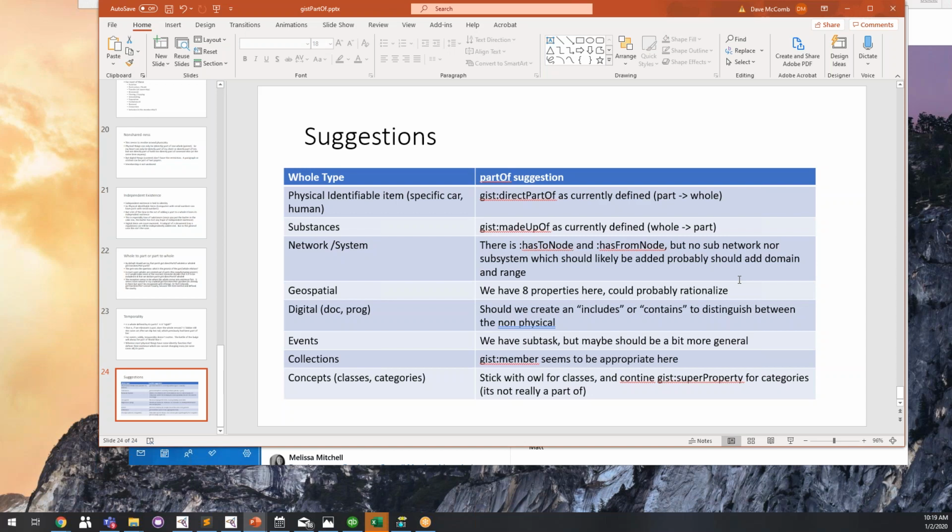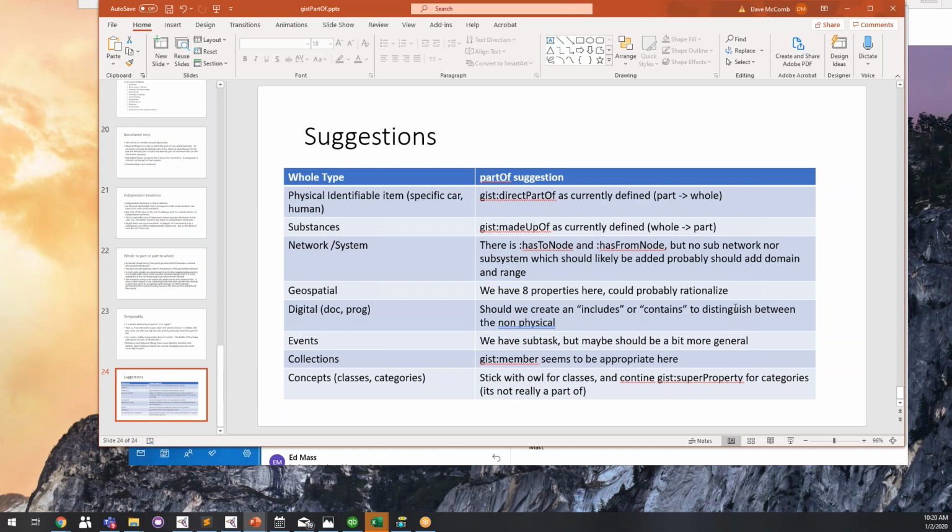Maybe we shouldn't talk about documents. A paragraph is part of a document, or an article is part of a regulation, or a term is part of a contract. Maybe we should say something like includes or contains. I strongly agree. Cool. Interesting.